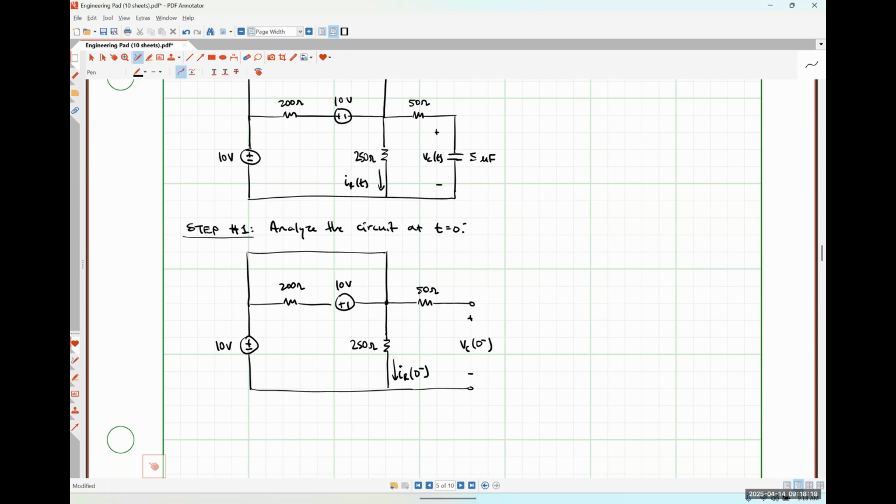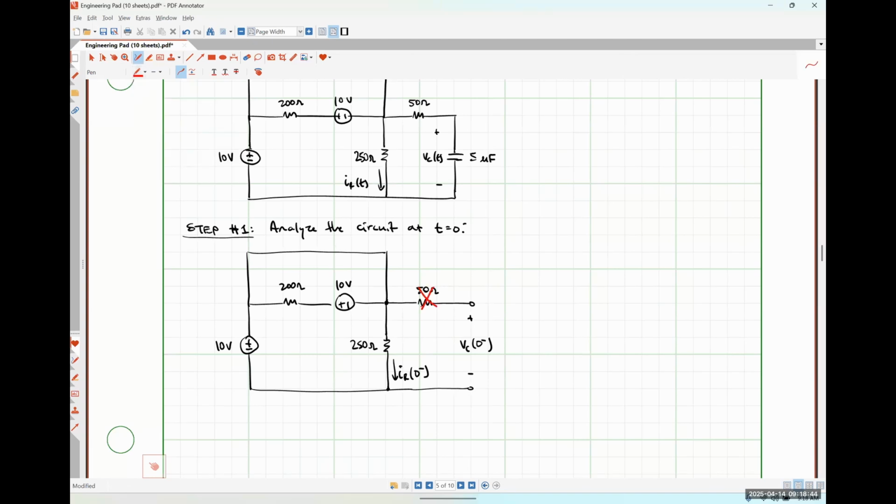So does anybody have any thoughts on how we might analyze this guy? Are there any things that we can do to simplify things? So the 50 ohm resistor isn't doing anything because it's not part of a closed current carrying path.